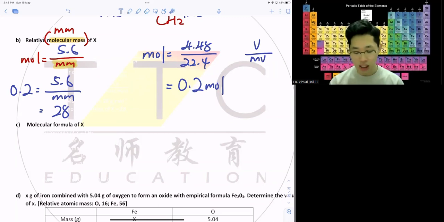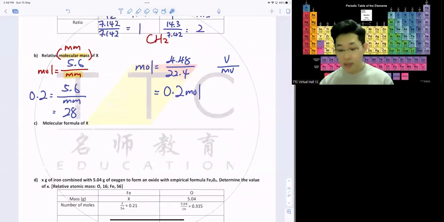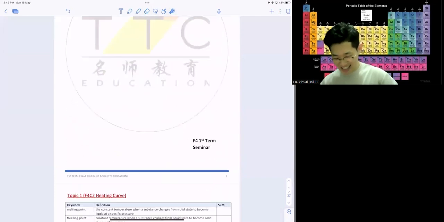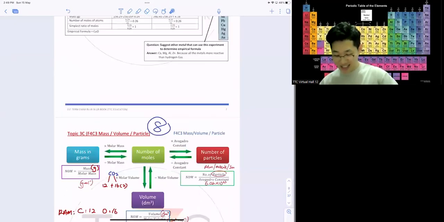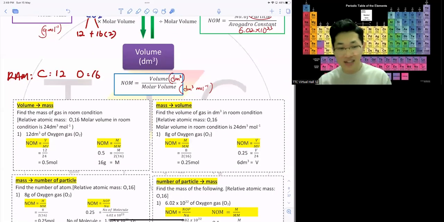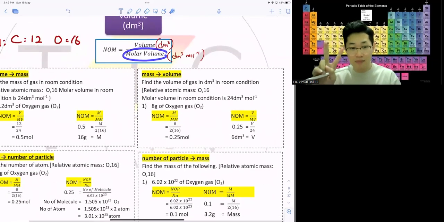What is the unit, students? What's the unit? Teacher, how to know that it is the molar volume? Oh, because in this chapter, if you have learned the calculations of this chapter, molar volume only has 2 types.